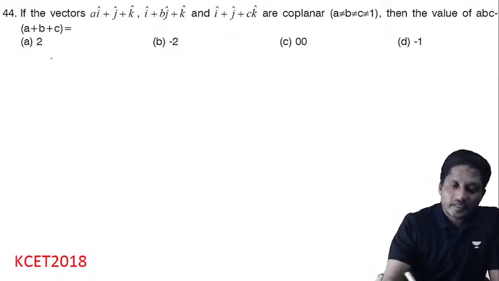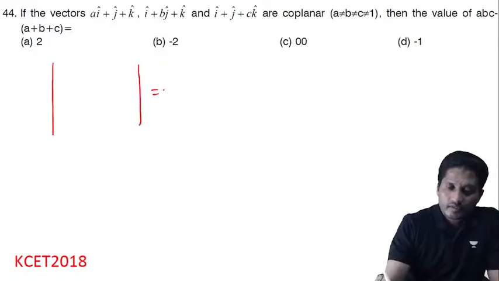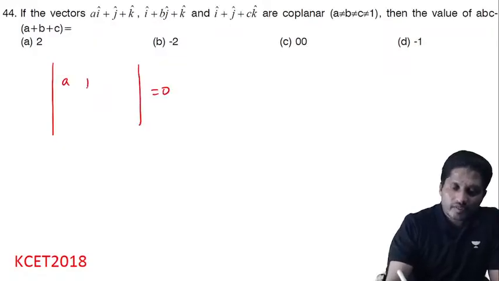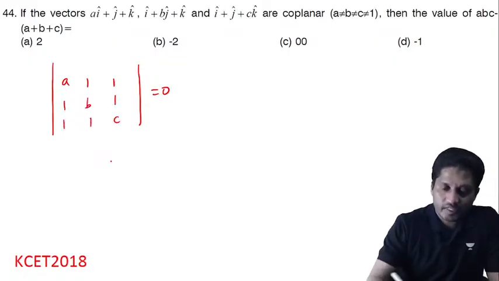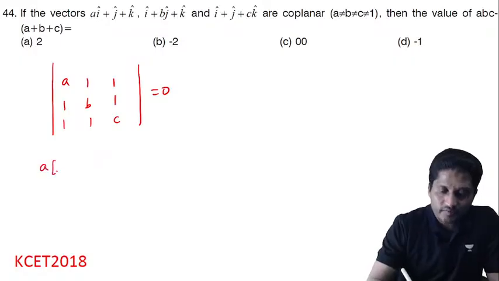Vectors are coplanar, right? If it is coplanar, then determinant is equal to 0. First row will be a, 1, 1. Second row will be 1, b, 1. Third row will be 1, 1, c. Now if I expand this, a into first row, first column, you get bc minus 1. First row, second column, c minus 1.